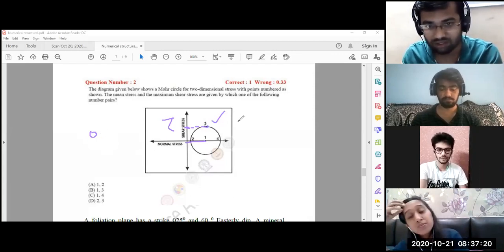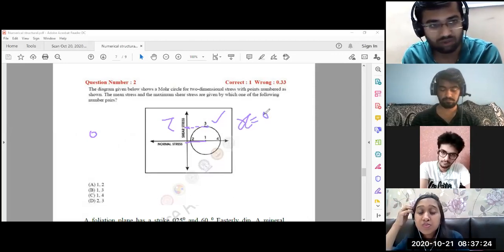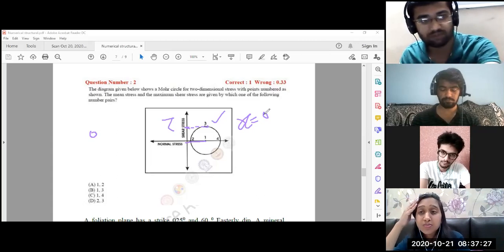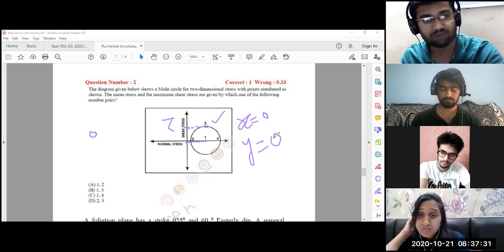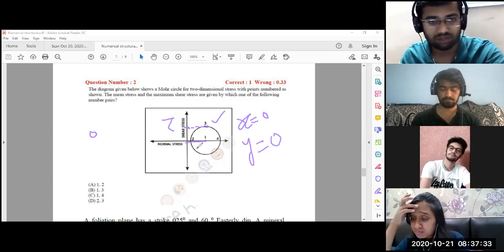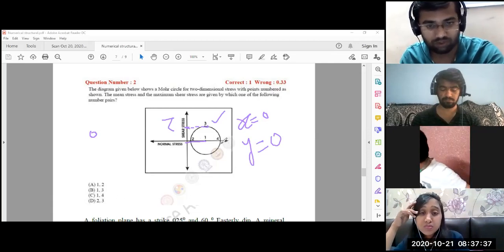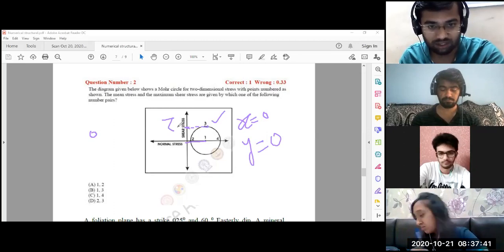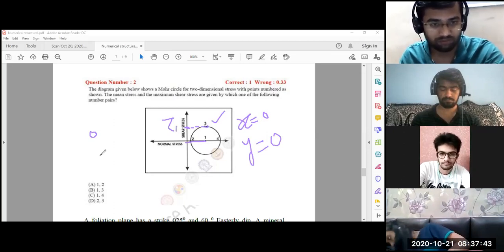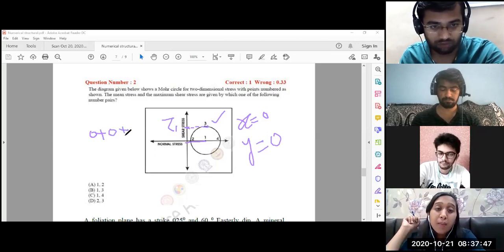The equation of a line written as x is equal to 0 means it is the line parallel to the y-axis. And y is equal to 0 means it is the line parallel to the x-axis. So shear stress for point 2 is 0, for point 4 is 0, and for point 3 it is maximum. Let's say I am assuming this is 1. So 0 plus 0 plus 1.